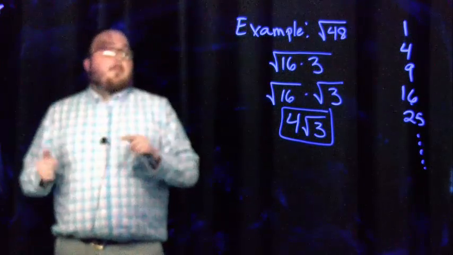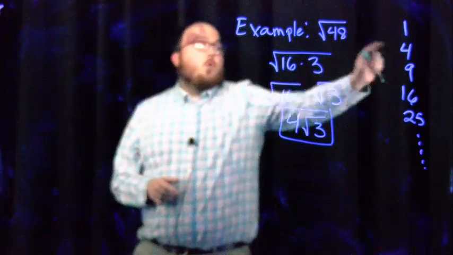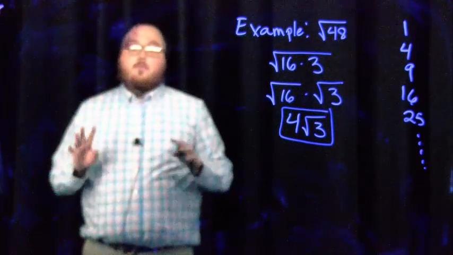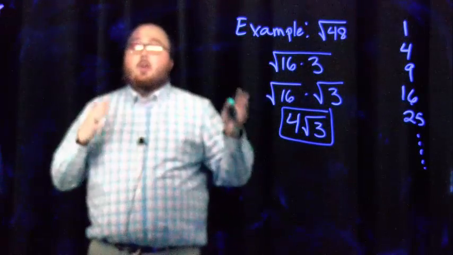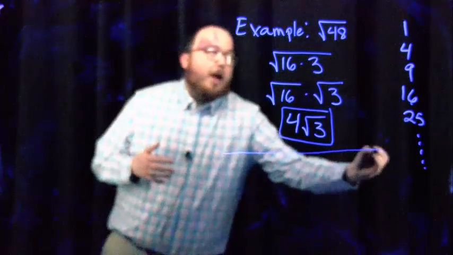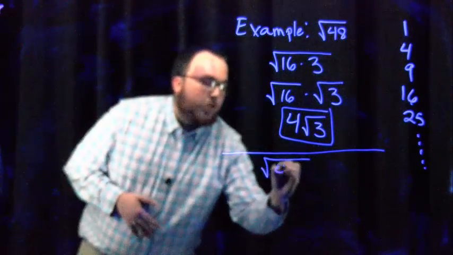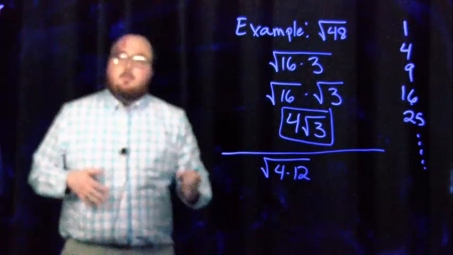Now let's say we did not pick 16. Notice I could also do 4 right here. 4 is a square, so I could have picked 4. Let's try that and see what happens. So we can rewrite this to be the square root of 4 times 12.